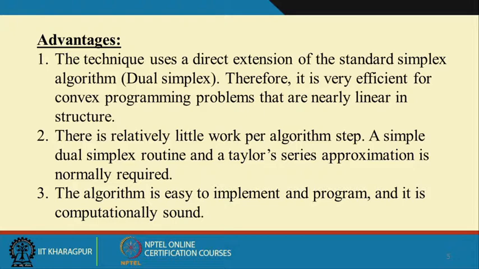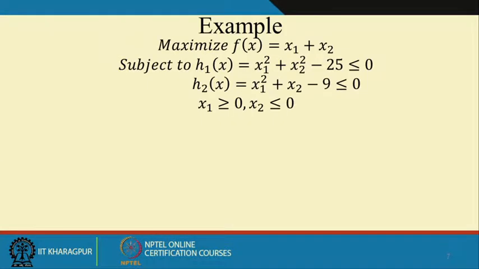For this, let us consider one problem. Let me consider this one: maximization of x1 plus x2 subject to x1 square plus x2 square minus 25 less than or equal to 0. Now, from here we can see that the maximum value for x1 is 5.